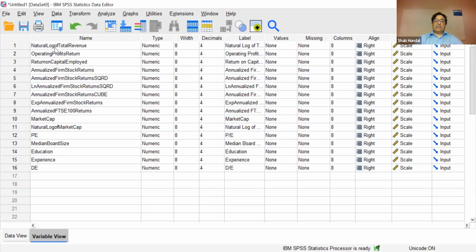And as you can see, this name looks very strange, but if you start looking at it one by one, each letter, it looks like natural log of total revenue. The idea behind not taking the absolute values is that the size effect can come into the picture. So the companies which are bigger sized, despite they're not so efficient, despite all the limitations they have, can take undue advantage of being big sized organizations.